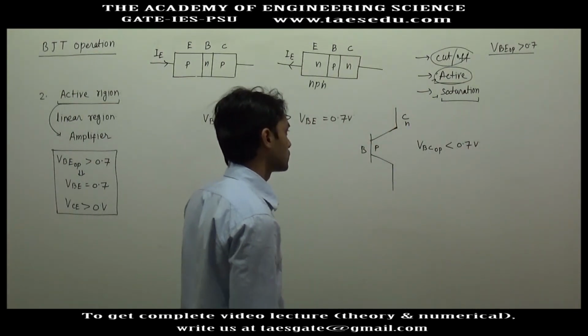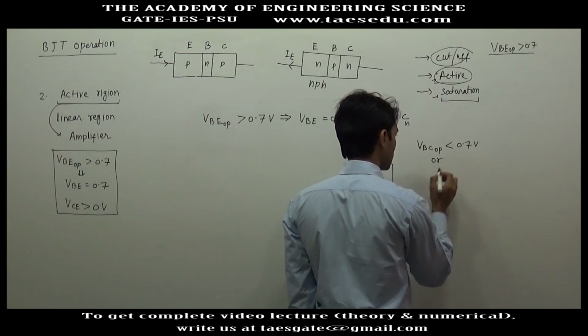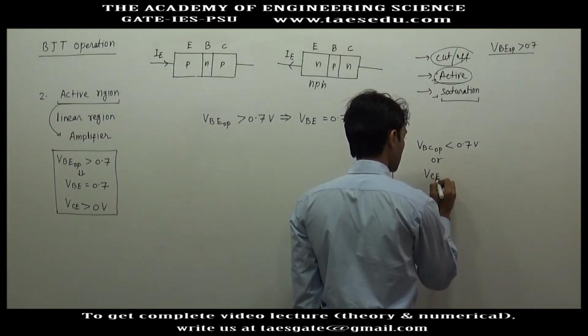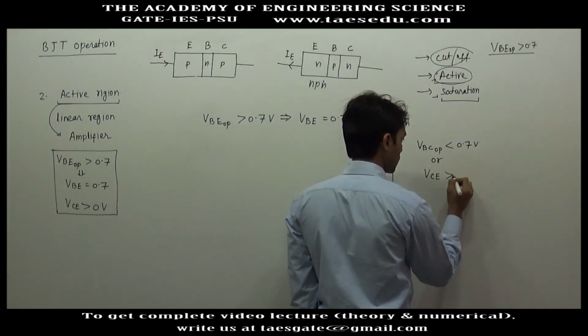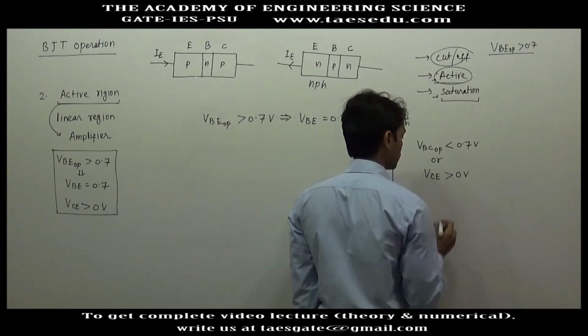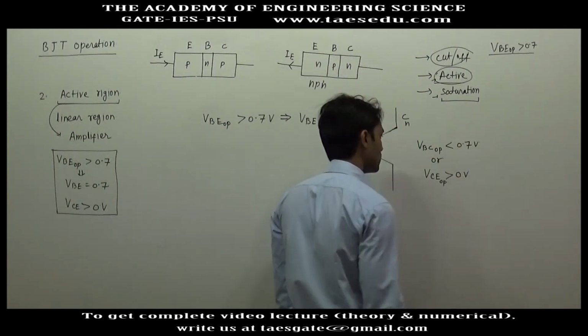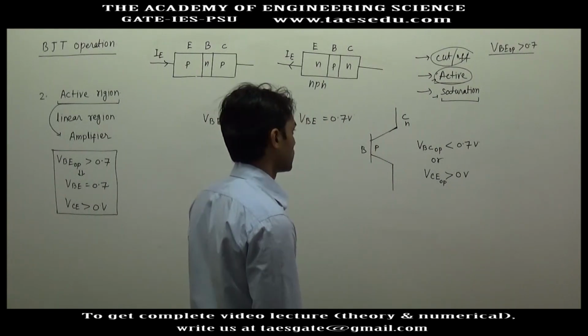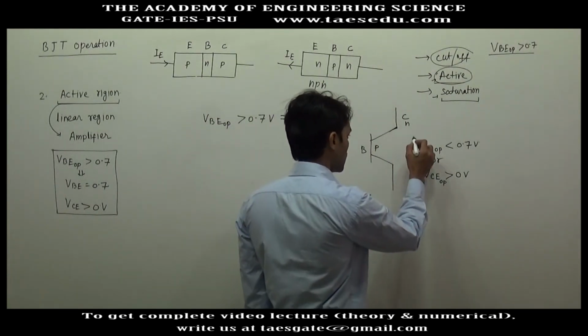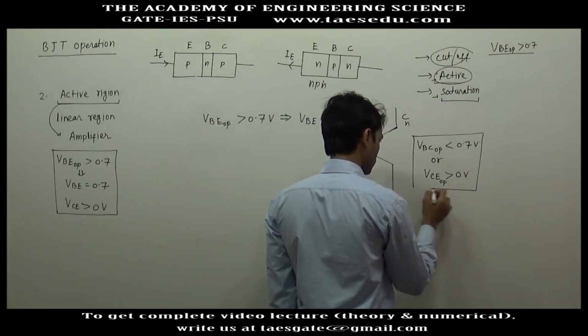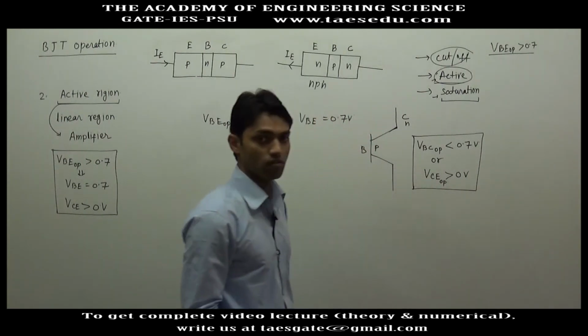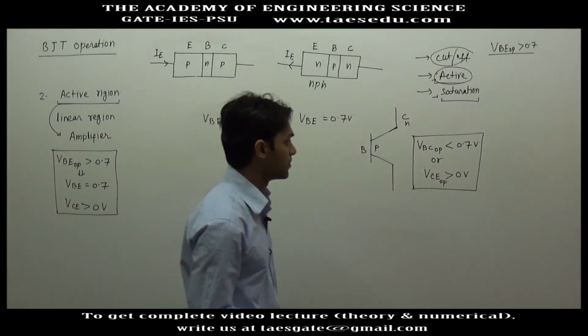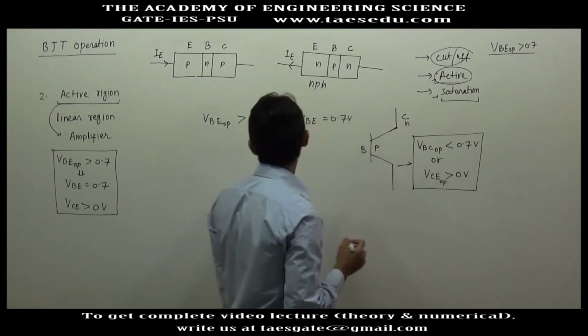or VCE, this we have just derived, must be greater than 0 volt. VCE open circuited. Okay, so this is the condition for active region. So the condition of saturation will be the reverse of this condition.